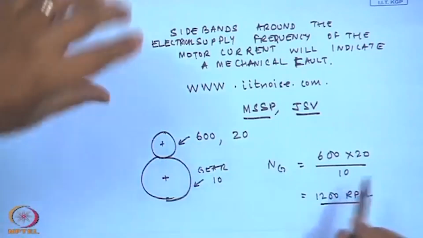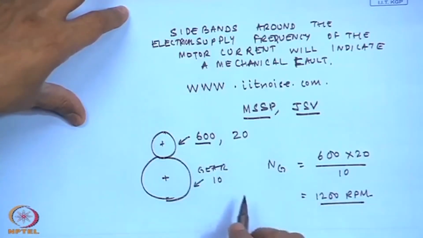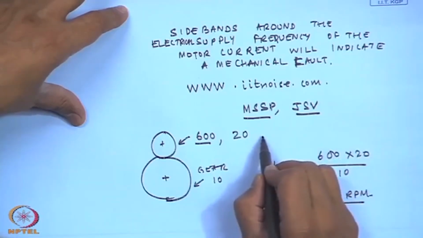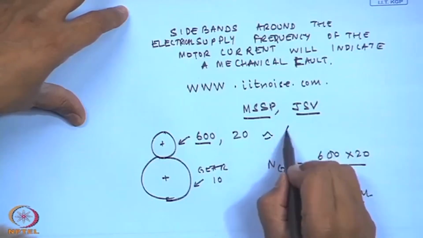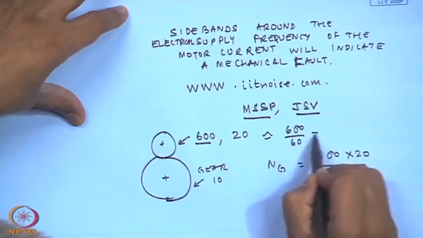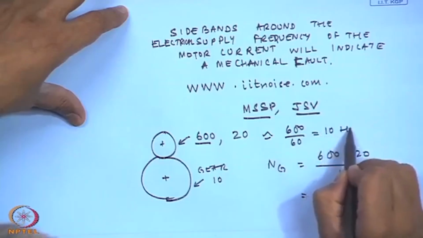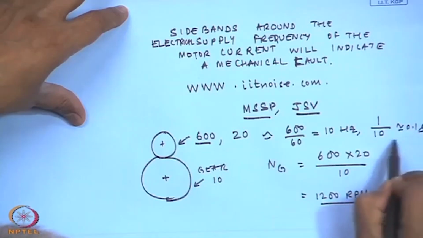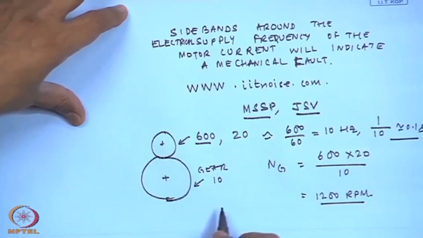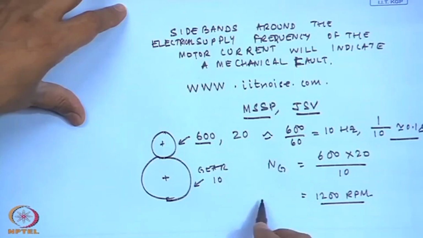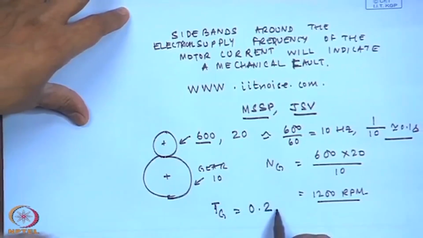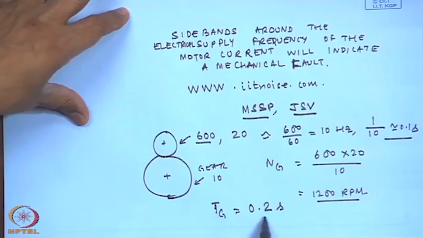So, one rotates at 600 RPM, the other rotates at 1200 RPM, and the inverse would be the time period. 600 RPM corresponds to 600 by 60, that is 10 hertz. So, the time period is 1 by 10, that is 0.1 second for this one, and for this one it will be just twice, 0.2 seconds.